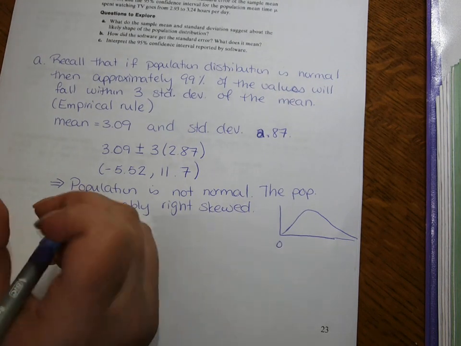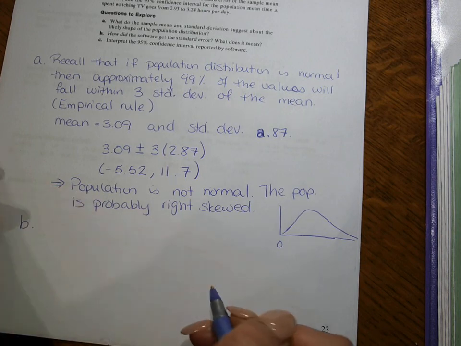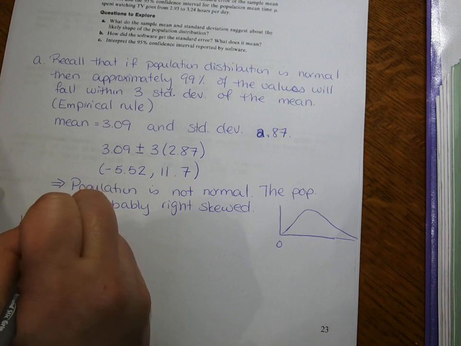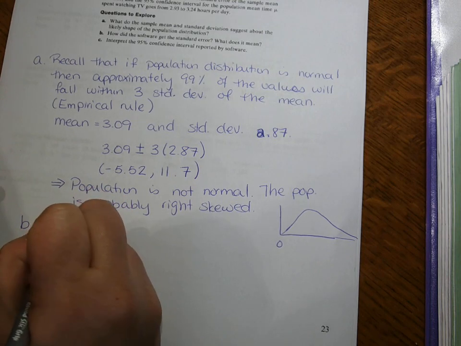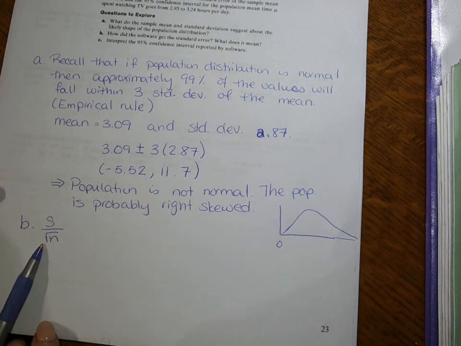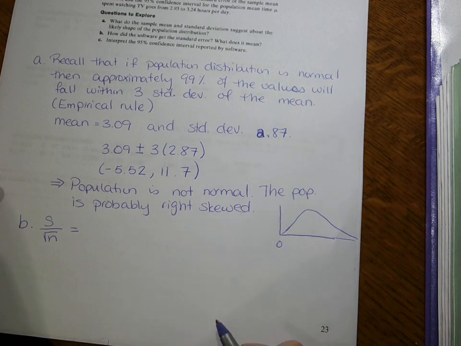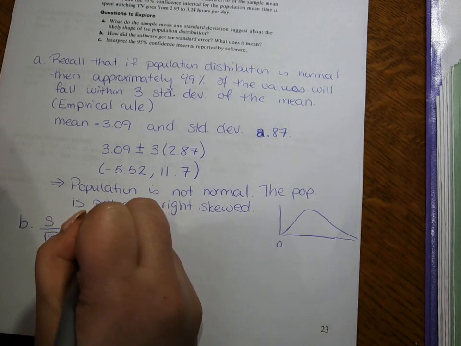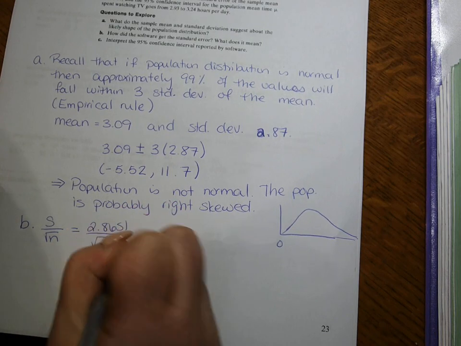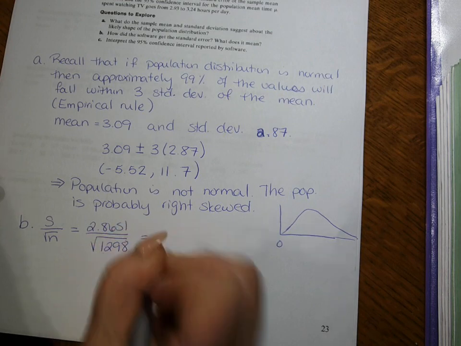All right, B. How did the software get the standard error, and what does it mean? So B, we have a formula for our standard error. Remember that that's equal to the sample standard deviation divided by the square root of our sample size. Filling in these values, our sample standard deviation was 2.8651 divided by the square root of our sample size, which is 1,098.